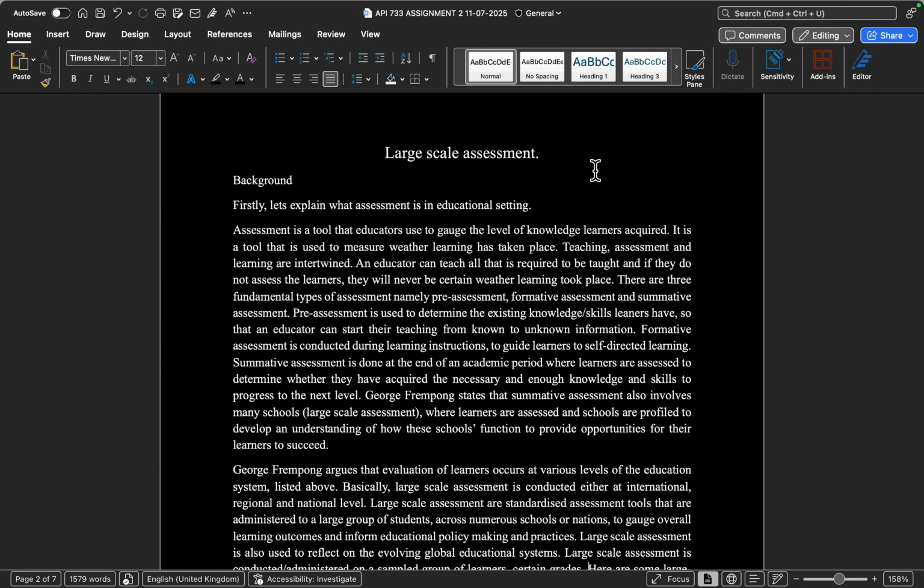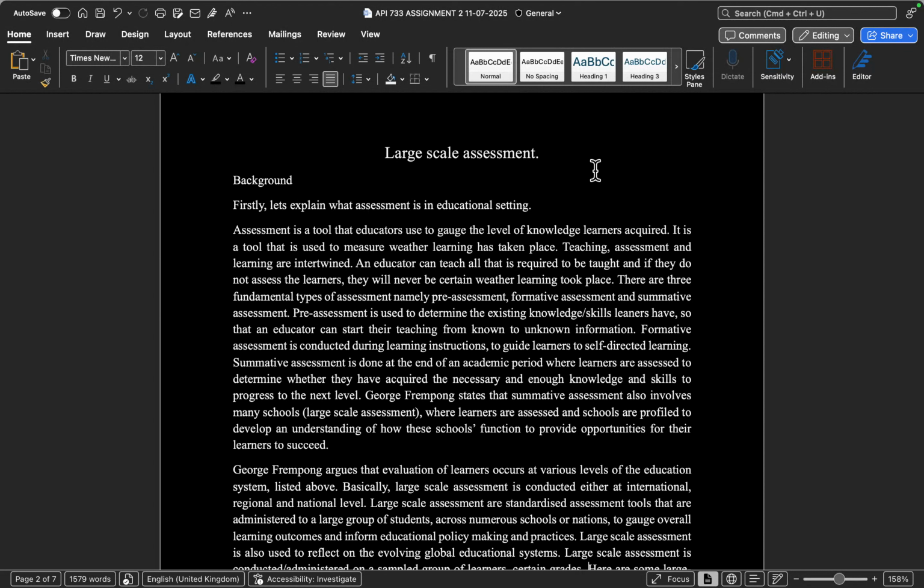And then we've got the third one, which is summative assessment. Summative assessments are conducted at the end of an academic period, so as to see if learners have acquired the required skills and knowledge to proceed to the next level.